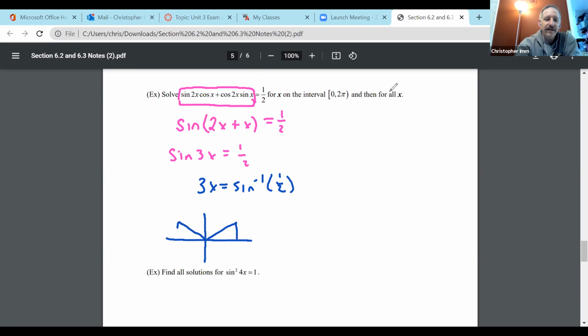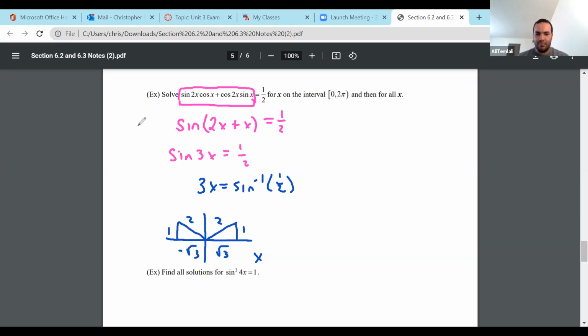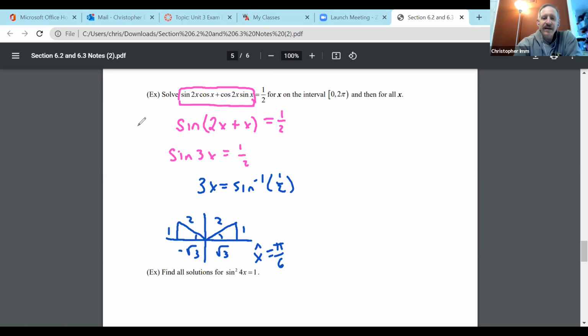I'm just making my triangles here. Sine is going to be opposite over hypotenuse. So it looks like this one's going to be another 30 degree, right? But now I'm in radians. So instead of 30 degrees, what would that be in radians? What's the reference angle there, everybody? Pi over 6. Yeah, great job. So x hat is equal to pi/6.